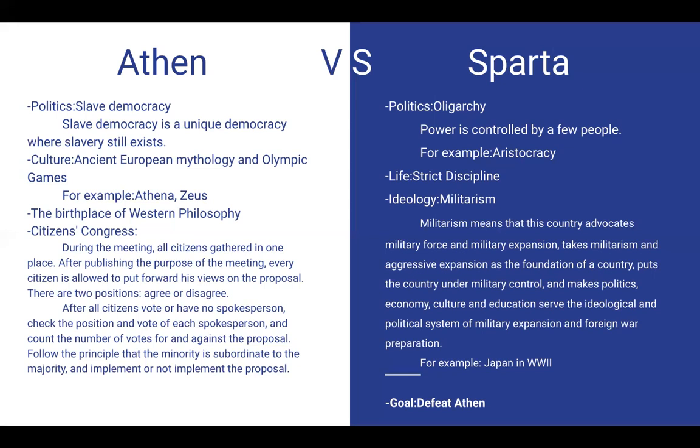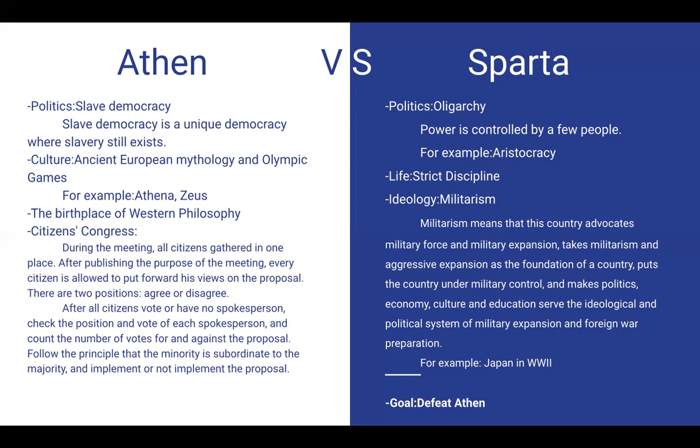After all citizens vote, or through spokespersons, the votes for and against the proposal are counted. Following the principle that the minority is subordinate to the majority, the proposal is implemented or not implemented.